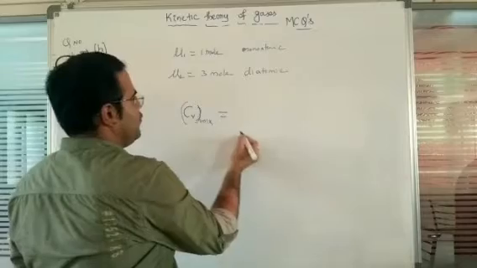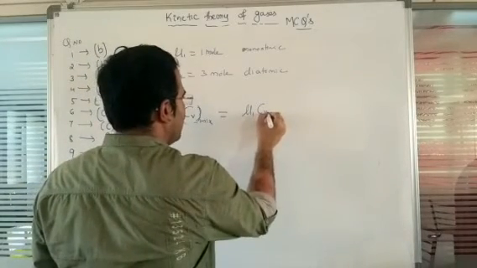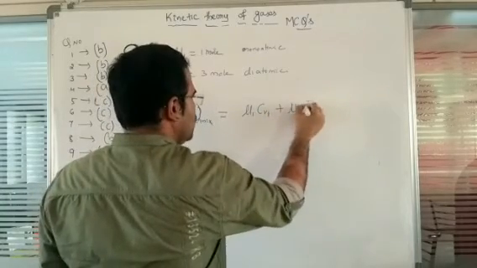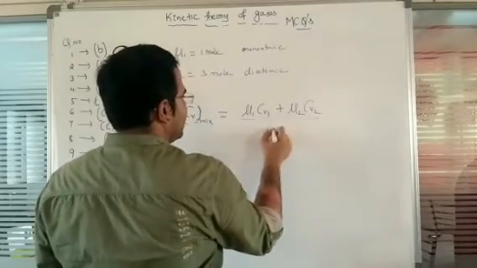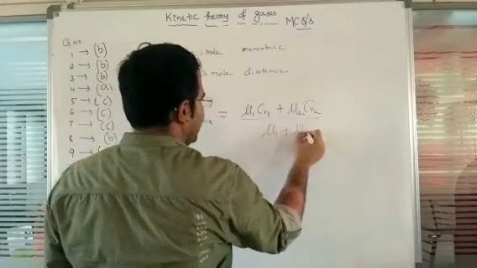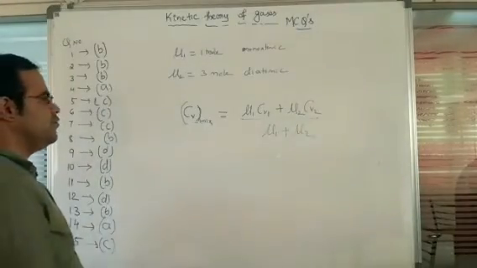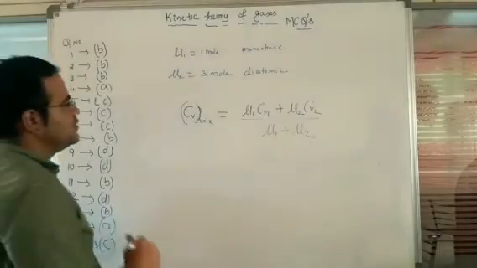So we can write mu1 multiplied by Cv1 plus mu2 multiplied by Cv2, divided by mu1 plus mu2. This is for a mixture of gases at constant volume.